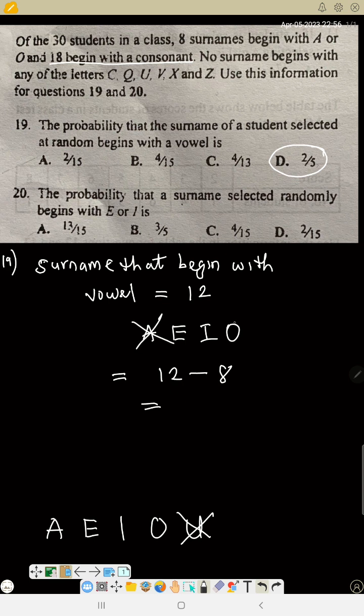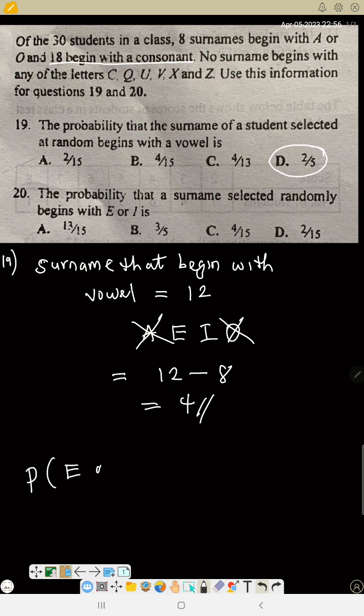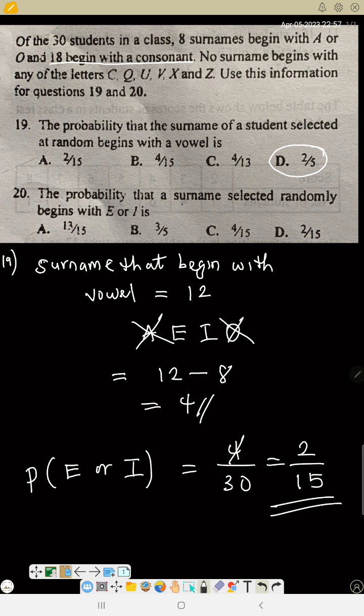So it remains the surnames that begin with E or I, which is 4. So the probability of a surname that begins with E or I will be equal to 4 over 30. Remember, probability is number of items over total outcome. So 2 into 4, 2; 2 into 30, 15. So the answer is 2 over 15. So like that.